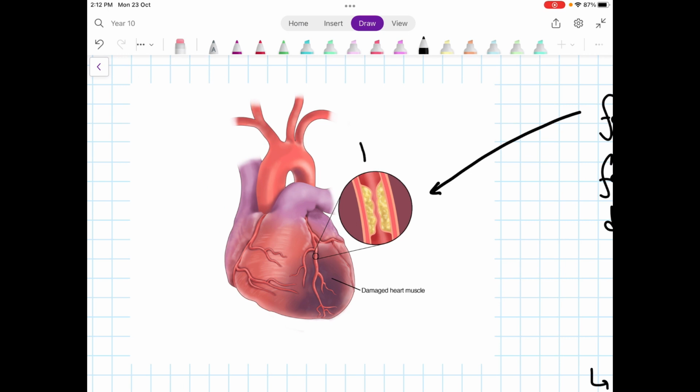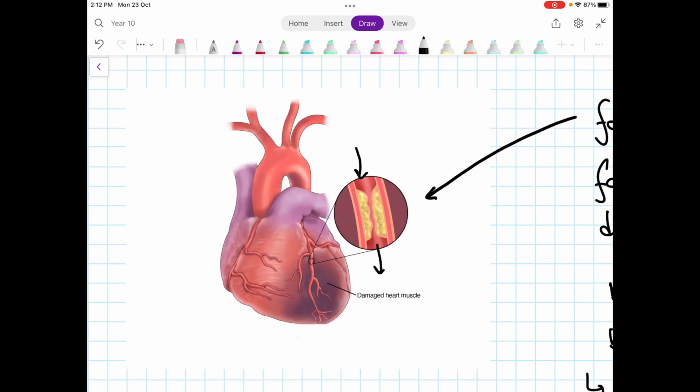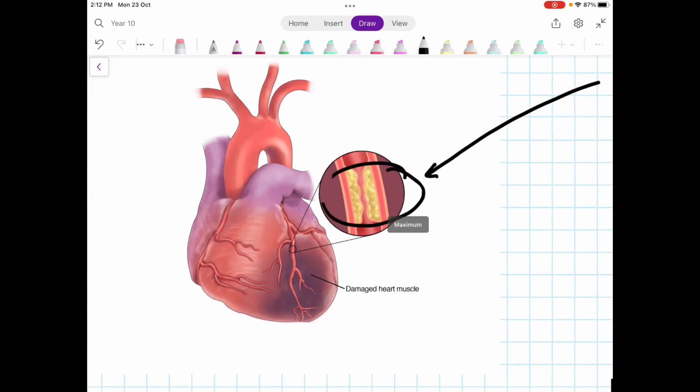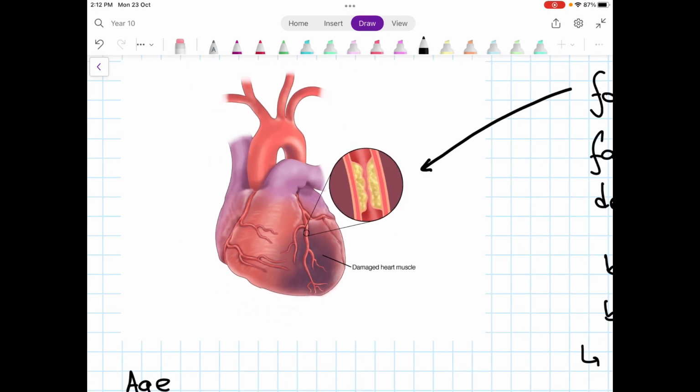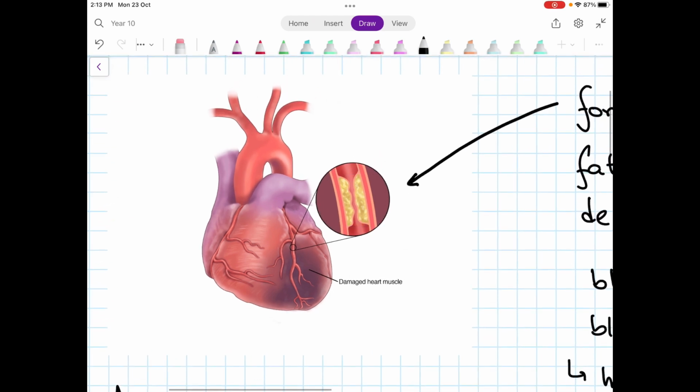So over here, if you imagine that blood is flowing at higher pressure than it normally does, it's more prone to damaging this wall over here. And as a result, these different tears form as a result of shear stress. So our atheroma can get deposited and form in these areas.